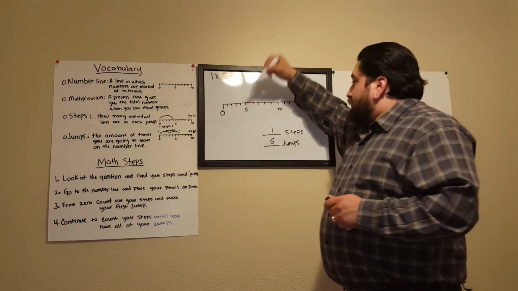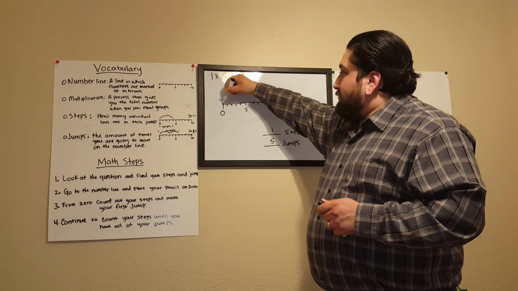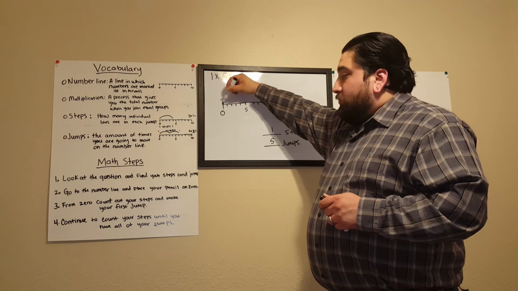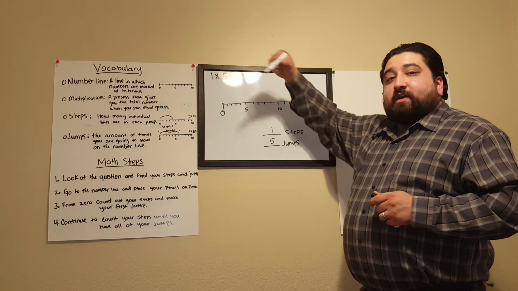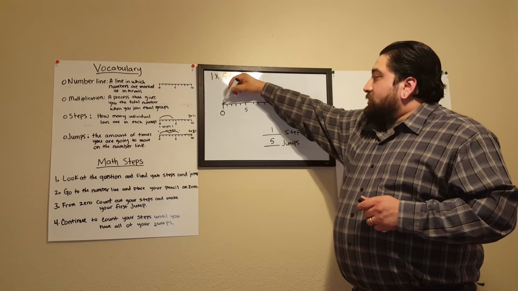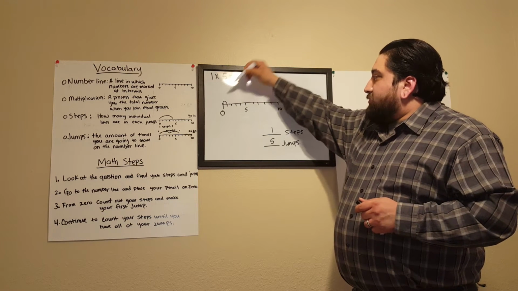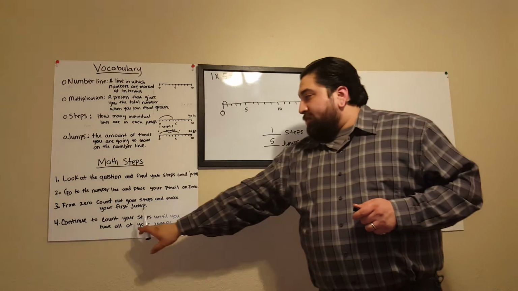Okay. So step number 2, place our pencil on 0. And from there, we go to step number 3, which is to count out our steps and make our first jump. So let's count our steps. 1 step. 1. Our first jump right there. And from there, we go to number 4.